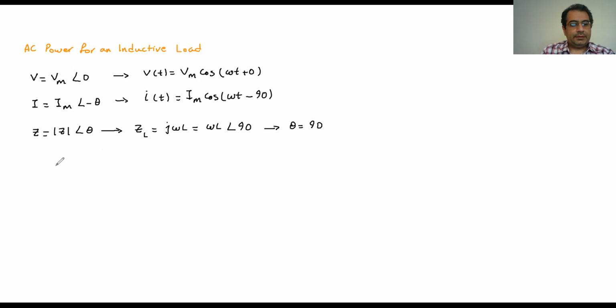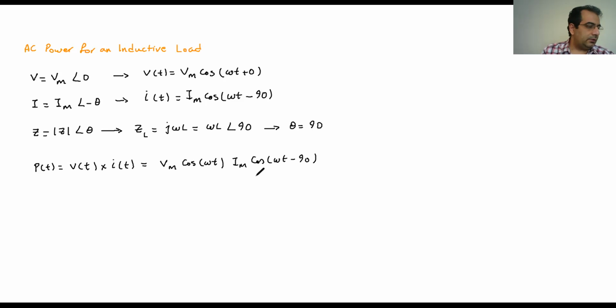Similar to the previous step, the instantaneous power is v(t) times i(t). If I use these two equations, it's going to be Vm cosine omega t, and don't write the 0, times Im cosine omega t minus 90.